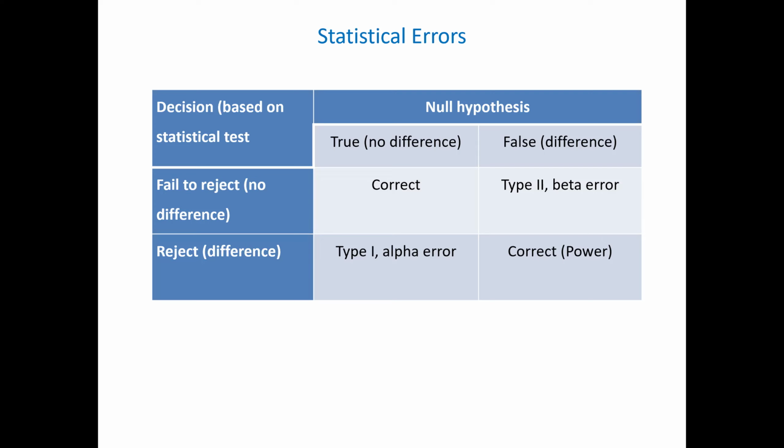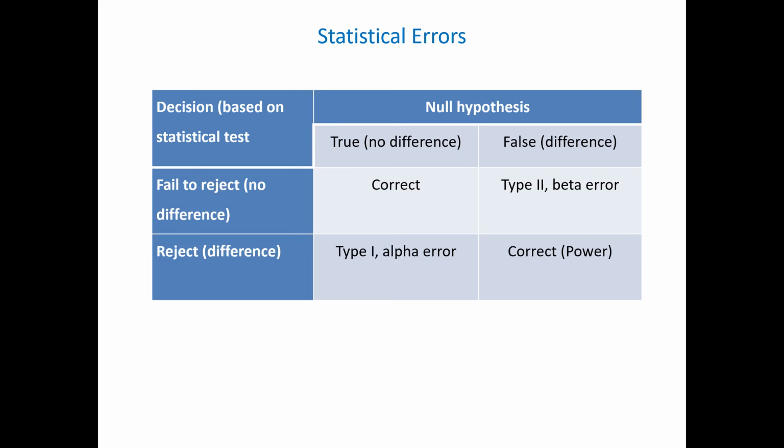That's one option. The other correct option is this: you find out that there's a difference, and the null hypothesis is false. There's a difference also in real life. The null hypothesis is false, and you also find there's a difference. You reject the null hypothesis.